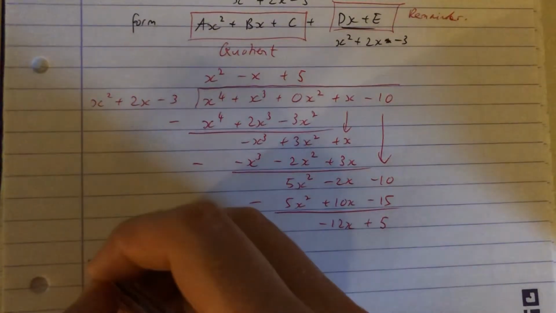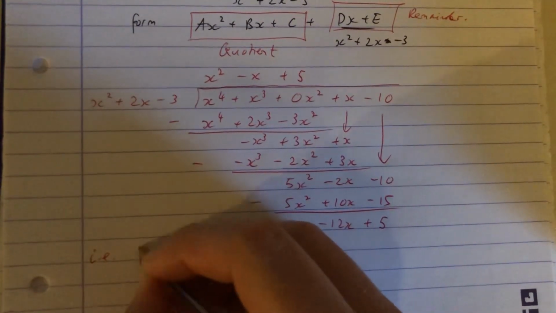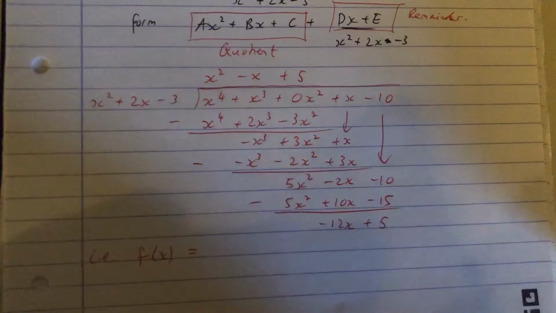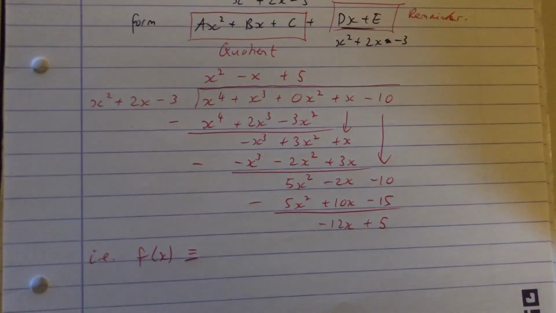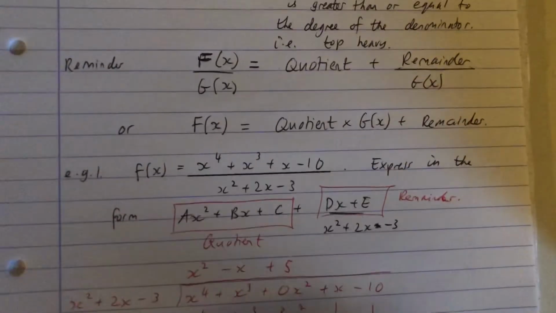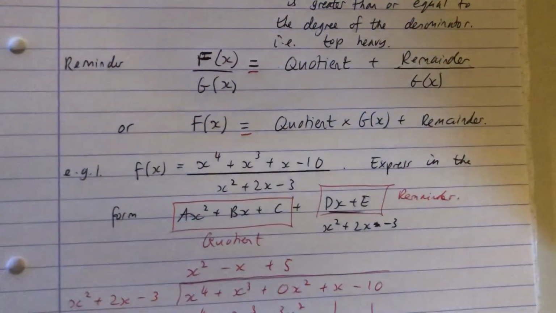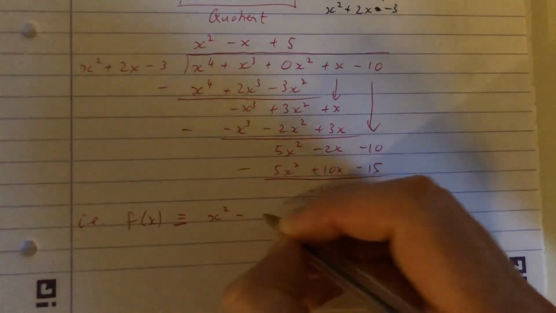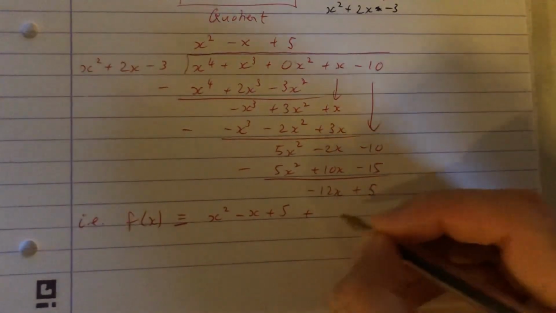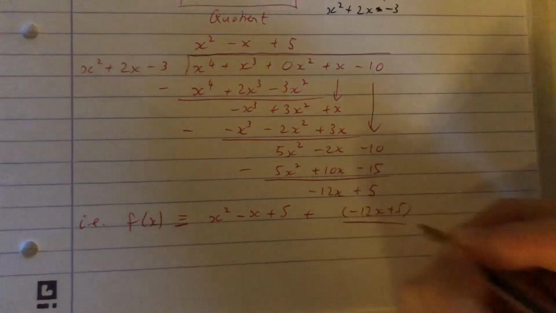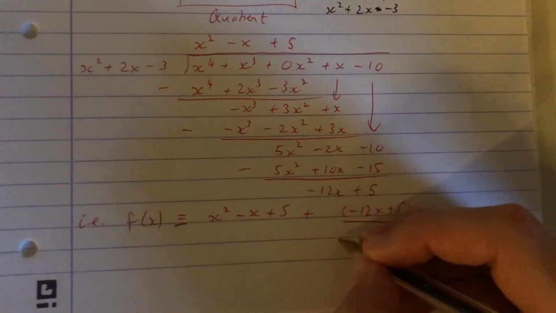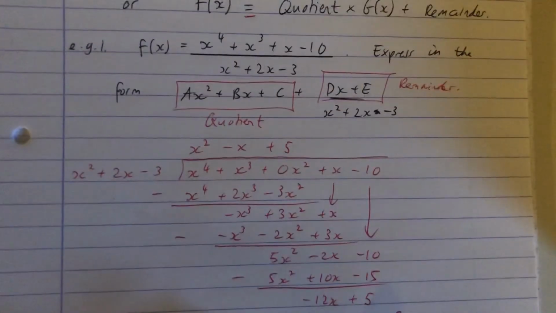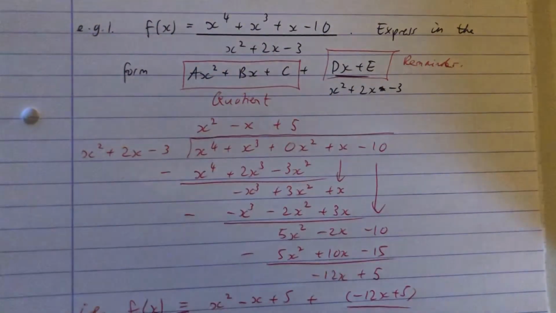And then you can say, in other words, f of x is equal to, or I could actually use the identity symbol, identical to, I could have used the identity symbol there and there as well, is identical to the quotient plus the remainder over what I was dividing by, x squared plus 2x minus 3. And that looks exactly like the form I was expecting.